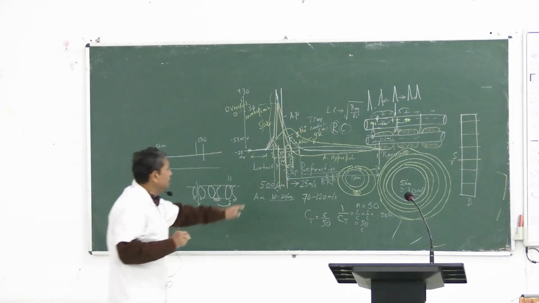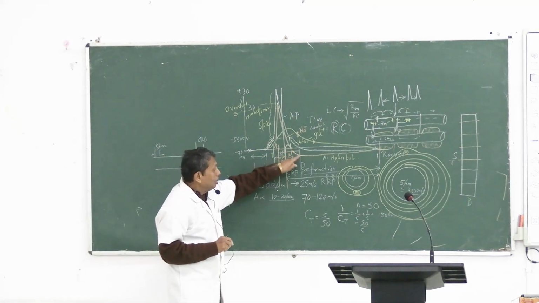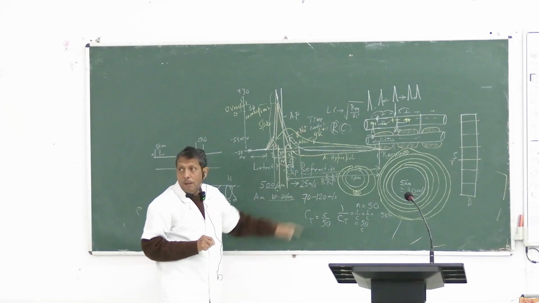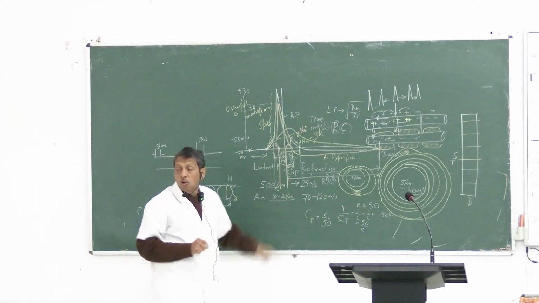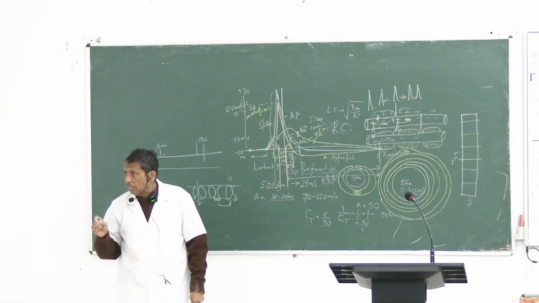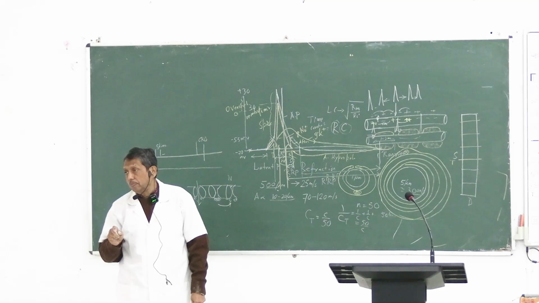And after this, when it reaches the baseline or resting potential, or this period of after hyperpolarization, it is also away from the firing level, so more stimulus strength is required. So it is also included in the relative refractory period.